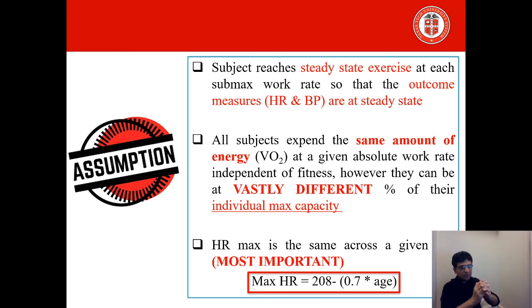At any particular age, this is the maximal heart rate which you're going to achieve. Now, this varies with the individual, depending on what your fitness level is and how much energy you need to achieve that heart rate, but the maximal heart rate is constant at every possible age.